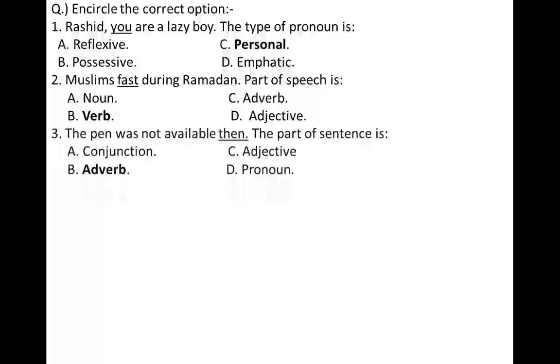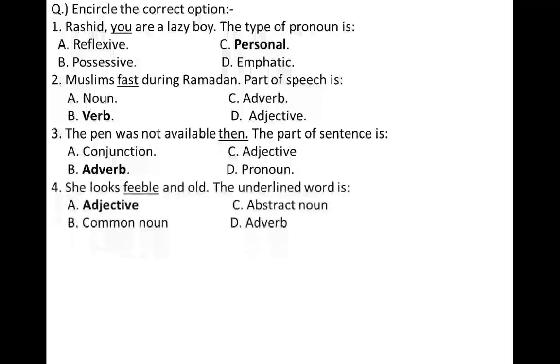The pen was not available then. The part of speech is conjunction, adverb, adjective, or pronoun. The underlined word then is used over here for the action, that is, how that action was done. So the pen was not available then, at that time, so it will be an adverb.